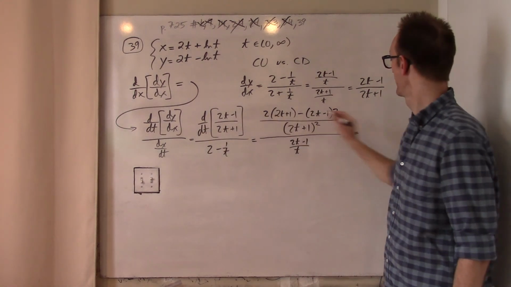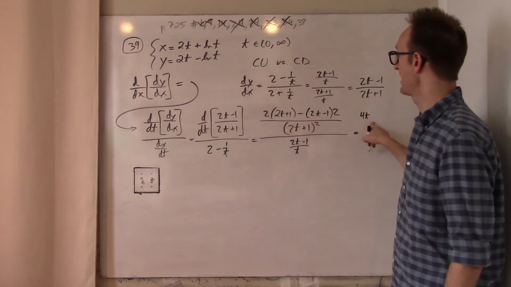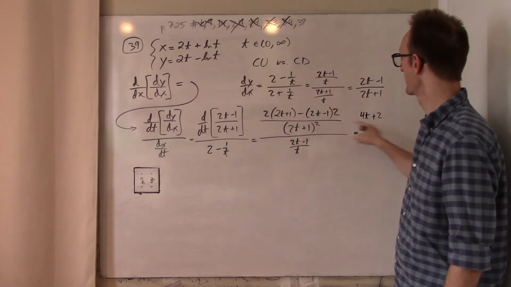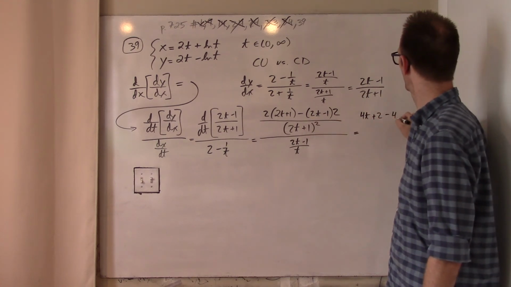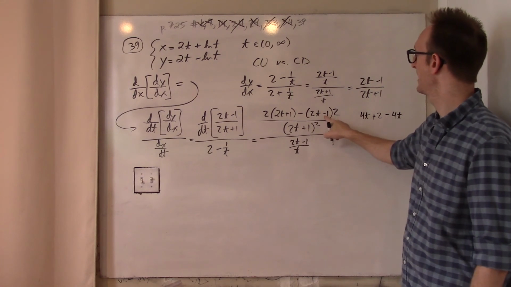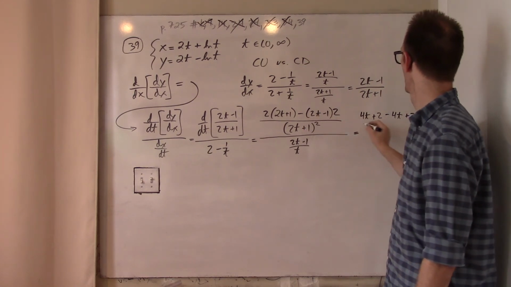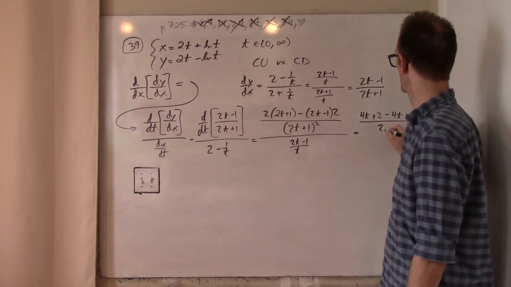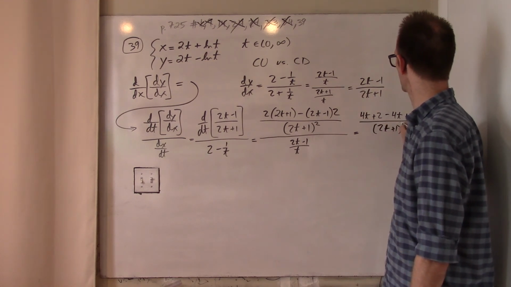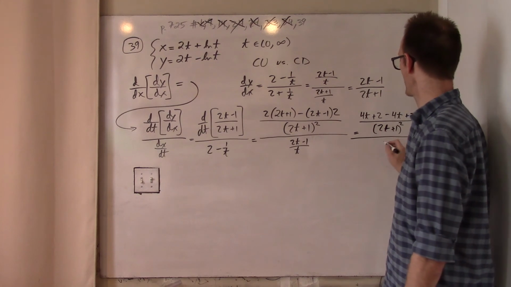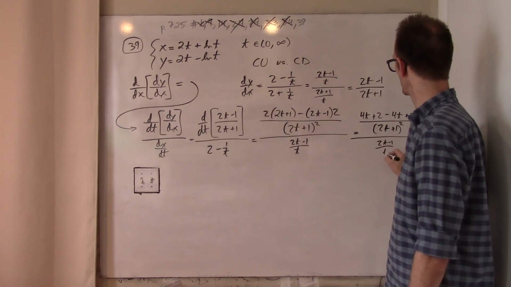Okay, well, I guess I'll just go here. What do I end up with? 4t plus 2 minus 4t, that's going to be plus 2, algebra, all over (2t plus 1) squared, and all of that is over (2t minus 1) over t.